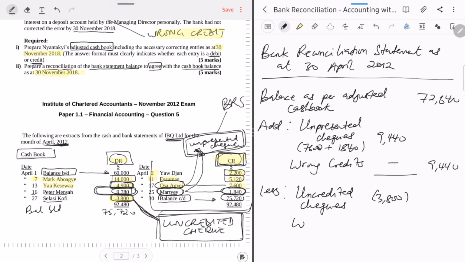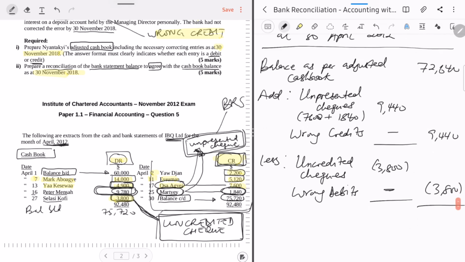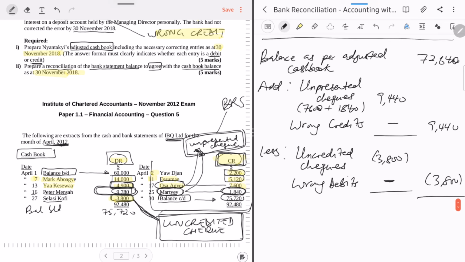Then we also less any wrong debits. This question has nil. So we less 3,800. So now let's add everything up. This is 0. So 72,640, plus 9440 minus 3,800.